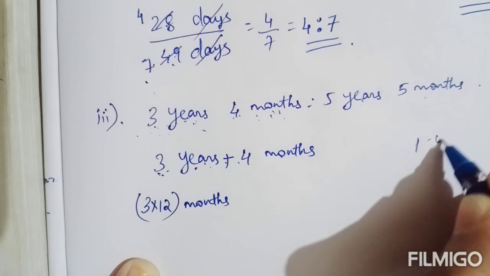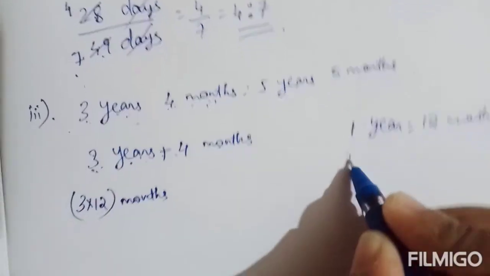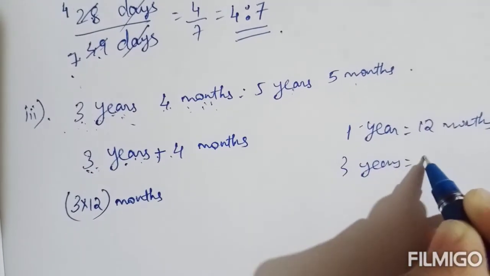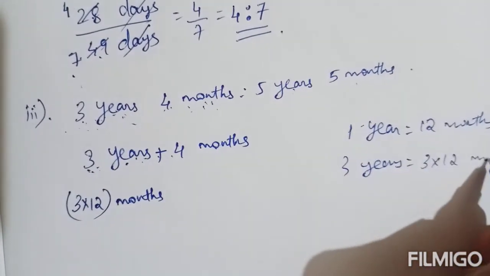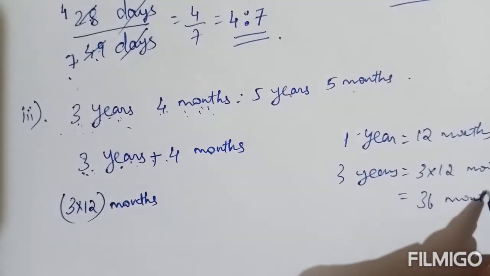Okay, 1 year equals 12 months. So 3 years will be 3 into 12 months, that is 36 months.